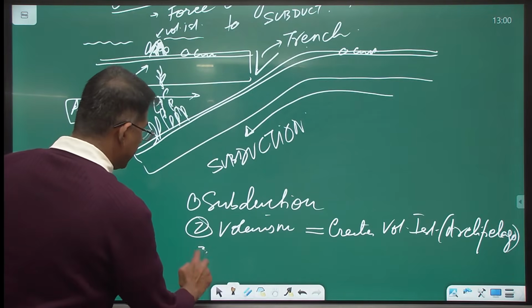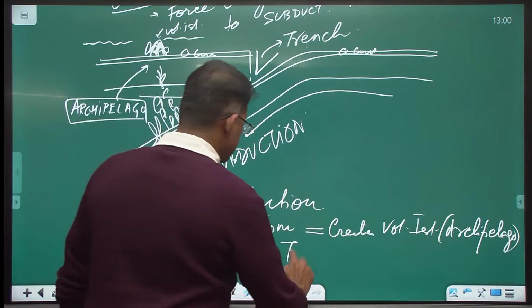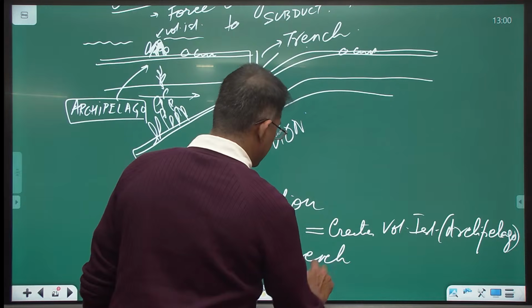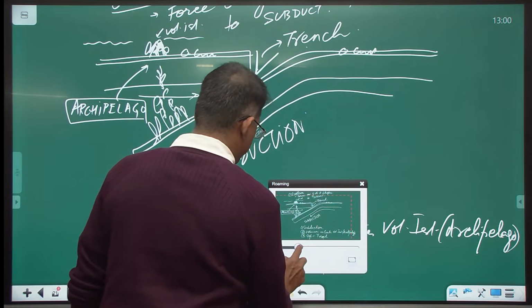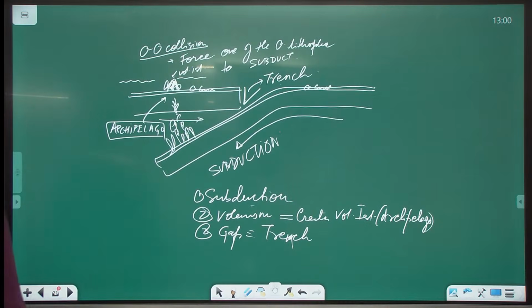It results in a gap. The gap is called the trench. Online, are you all keeping pace?